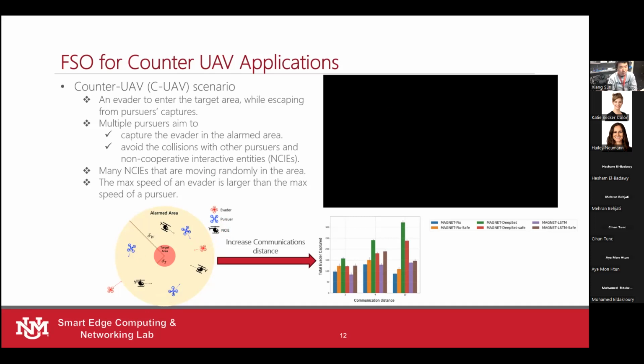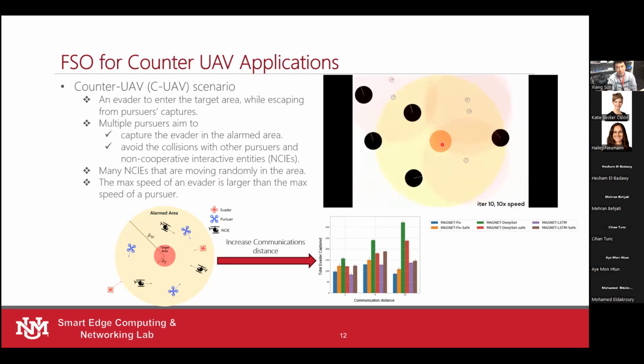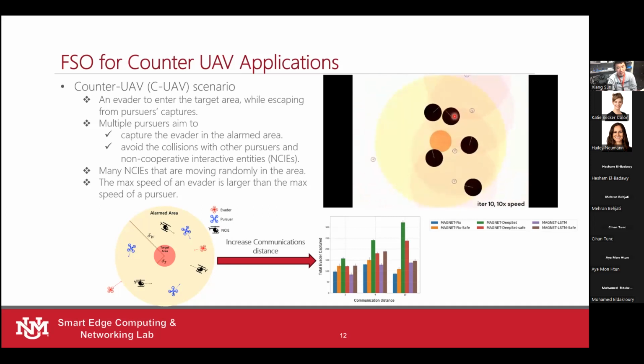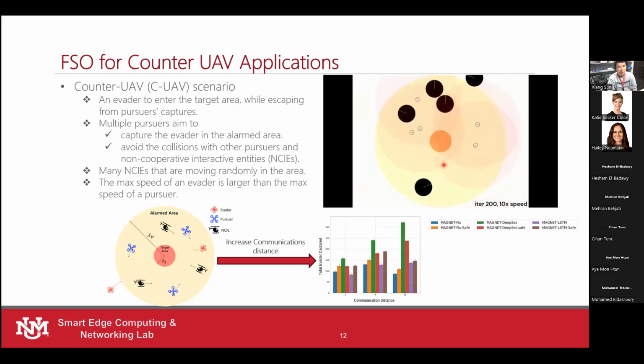So this demo basically shows the performance at different training times. Here the orange area is the target area, and the yellow area is the alarm area. The red dot represents the evader, the blue dots represent the pursuers, and the black dots represent the NCIEs.